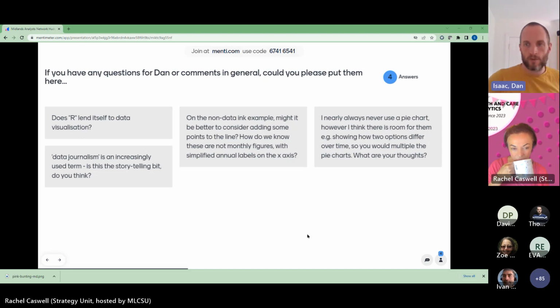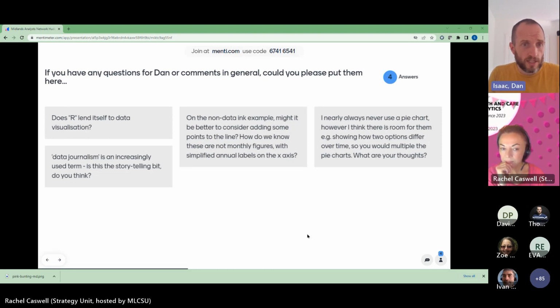They've just found that bit of ggplot script or whatever, they've copied and pasted it, they've plugged their data in. So I think R absolutely can lend itself to data visualization, but as with any other coding tool or any other tool out there, you just need to take your time, not just to use the default, but to really tweak and think about your color choices and your various different design decisions.